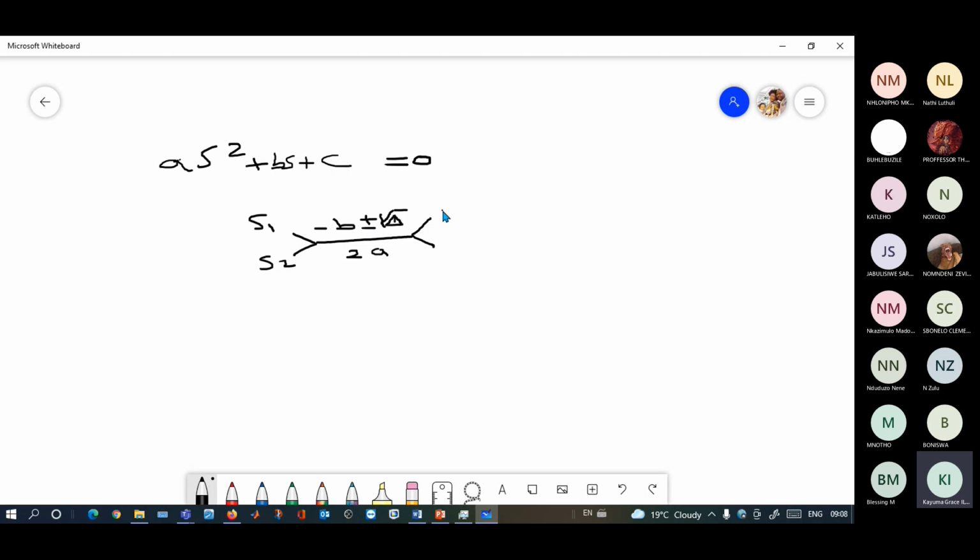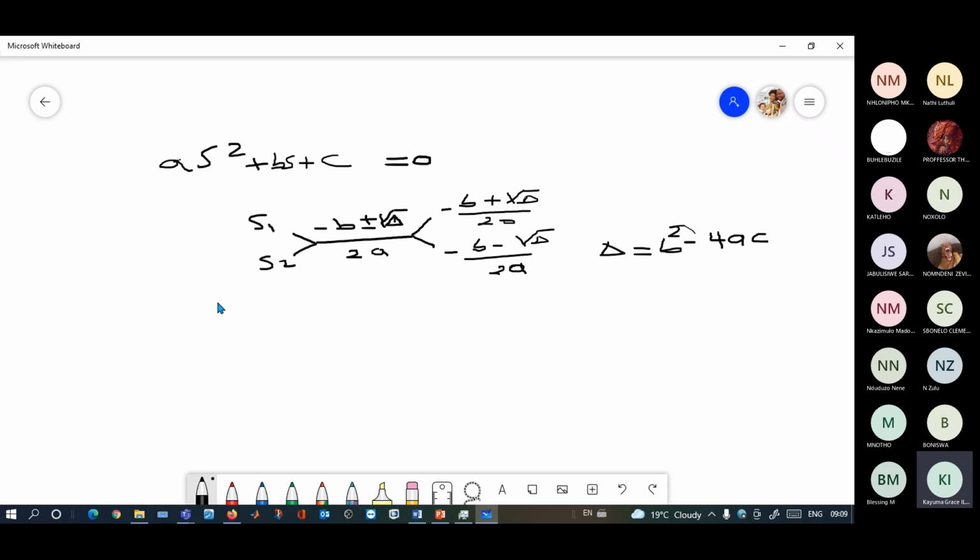So here you're going to have minus b plus the square root of delta over 2a, and minus b minus the square root of delta over 2a. This is very important. Don't forget this formula, where delta is equal to b squared minus 4ac.